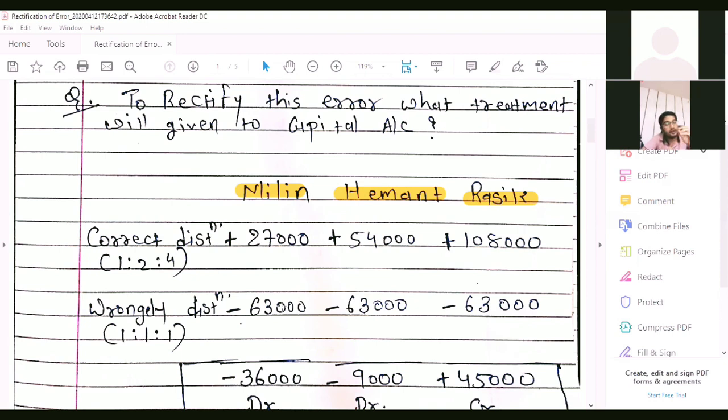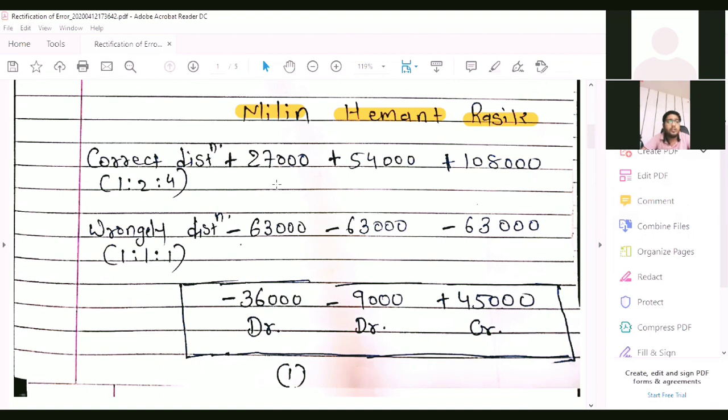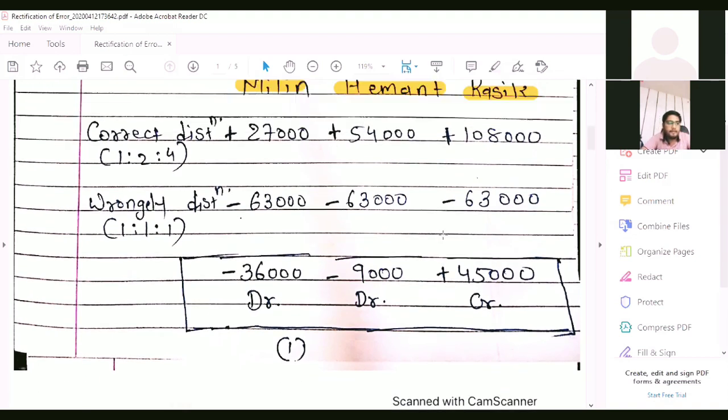Now try to understand. The correct figure we always mark with plus sign. So here I put plus, plus, and plus. And the wrong figure we always put with the minus sign. So minus, minus, and minus. So finally, what is the result?